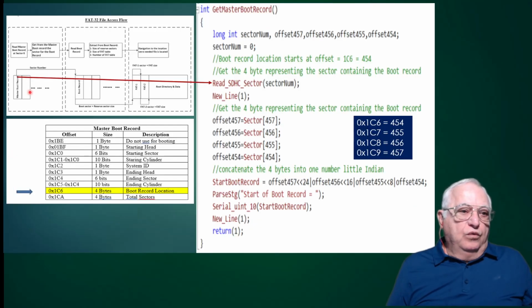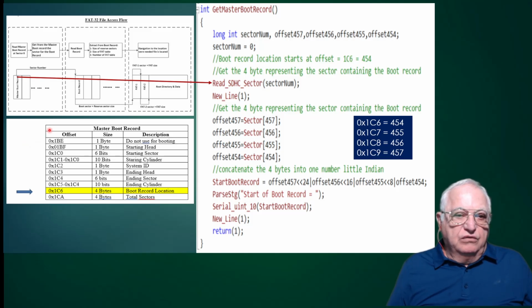Okay, so we have our card, and what we're going to do is read sector 0. We already know how to read a sector from what we learned in our prior presentation. In sector 0, that's where you're going to find the master boot record.